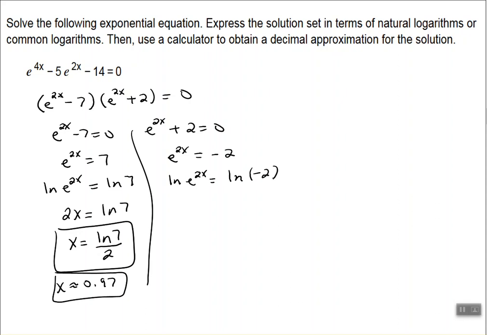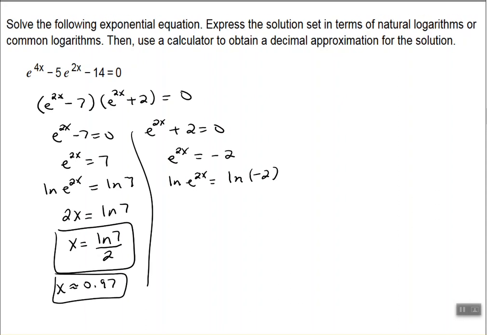Now, herein lies the problem. Remember that the domain of logarithmic functions is positive numbers. Therefore, I cannot take the natural log of a negative number. And since that's not possible, I can't get a solution out of this side here.